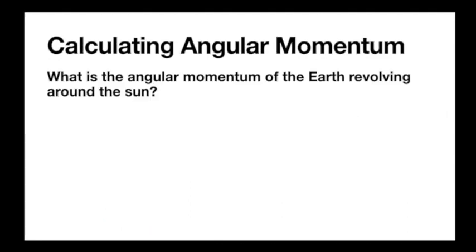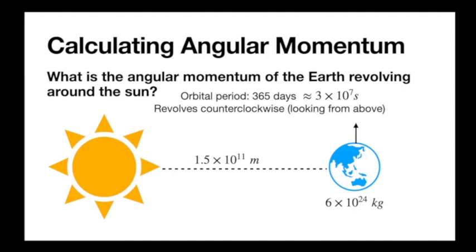So let's do a simple practice with this one. What is the angular momentum of the Earth revolving around the sun? So I'll just let you, I'm kidding, you need a lot more information for that. We'll do this one together. But the math for it is pretty simple once we're given the setup. So we know the orbital period of the Earth, how long it takes to do one complete revolution, is a year, right? 365 days.